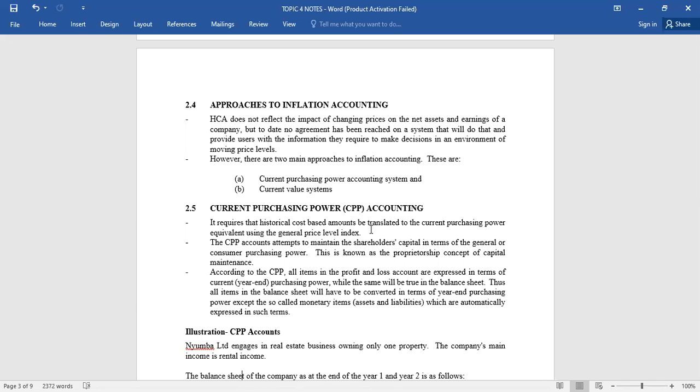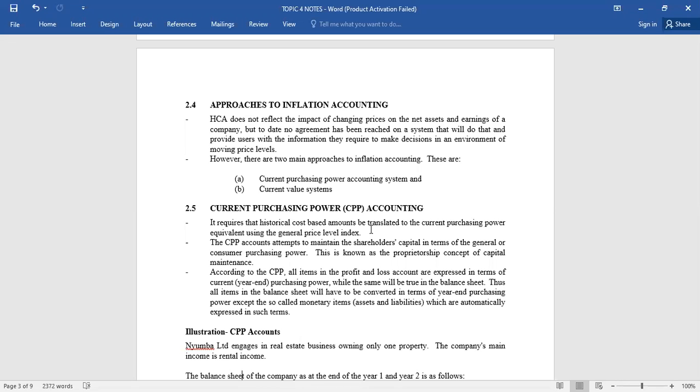We also call the current purchasing power, you'll see some other authors calling it the general price level, actually the prevailing price. So we are talking of the general price level approach. That's the current purchasing power.